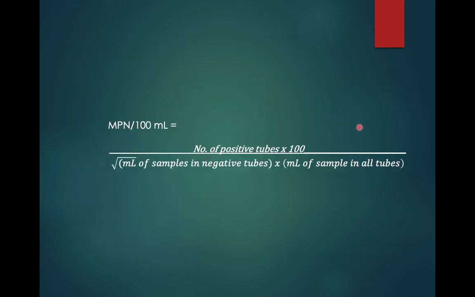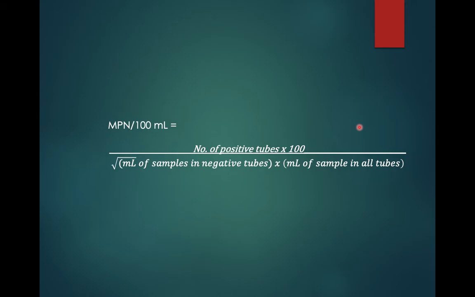Now, how do we determine the exact MPN value per 100 ml? That value can be computed using a specific formula. You multiply the number of positive tubes by 100, and then divide it by the square root of the product of the total ml of sample in the negative tubes multiplied by the total ml of sample in all tubes.